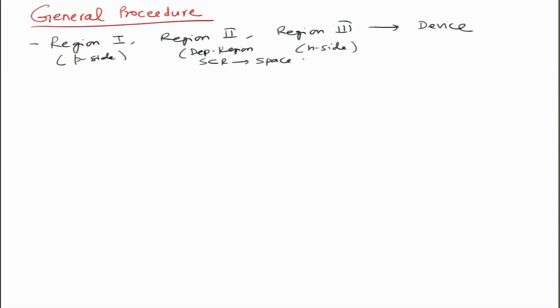Okay. And these are called as QNR, quasi neutral region. All right.